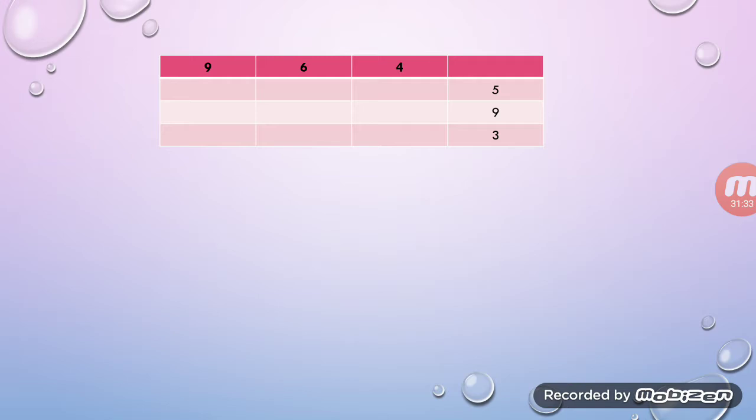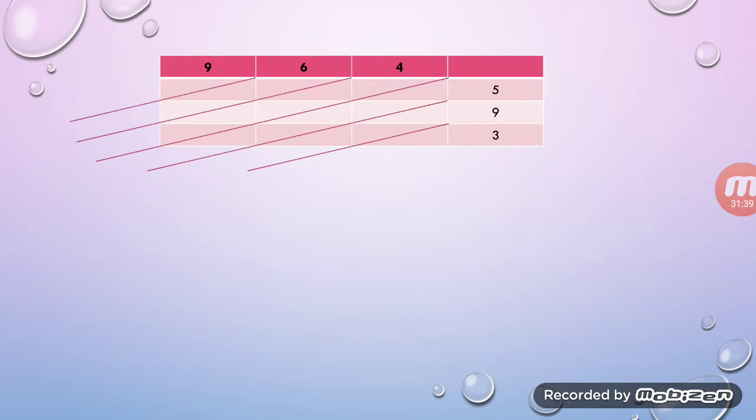Moving on to another lattice method example, we see 964 times 593. Once again, we're going to draw lines to separate the rows, and we will move along the different numbers until we have everything we need to complete our addition. 4 times 5 is going to be 20. 6 times 5 is going to be 30. 9 times 5 is going to be 45. 4 times 9 is going to be 36. 6 times 9 is going to be 54.